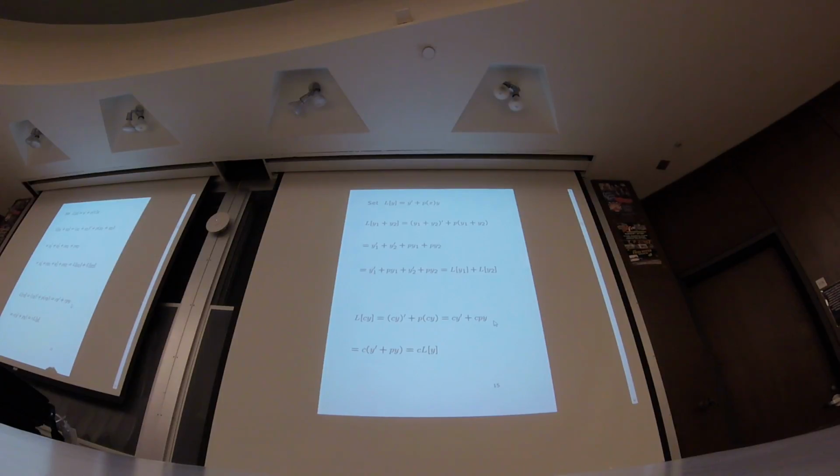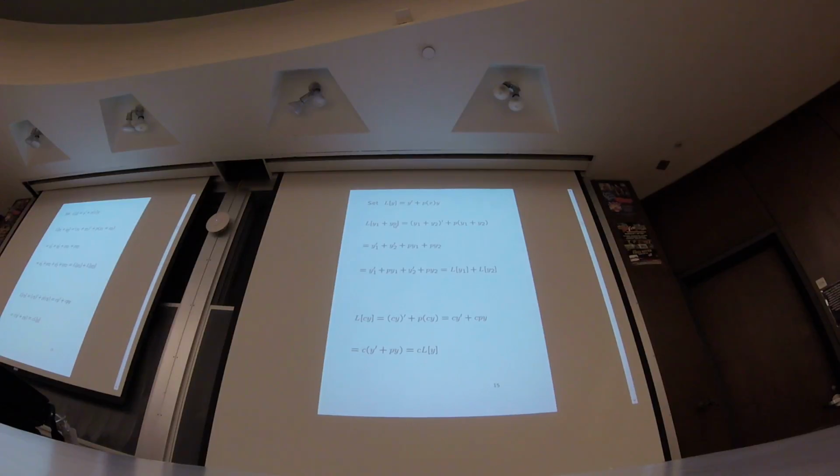It's easy to show that L of a sum, and here I'm showing it, L of y1 plus y2 is the derivative of y1 plus y2, plus p times y1 plus y2. The derivative of y1 plus y2 is y1 prime plus y2 prime, plus p y1, plus p y2. Rearrange the terms.